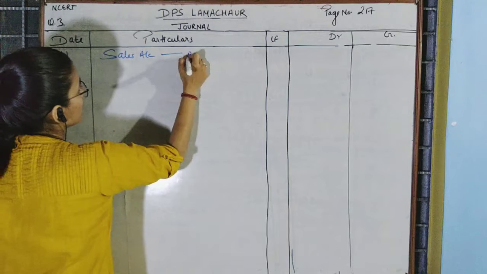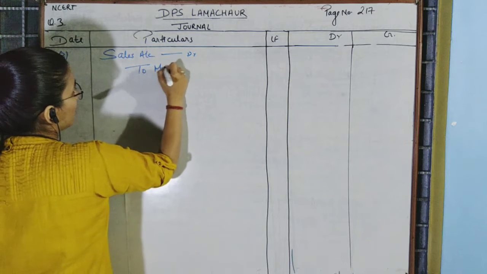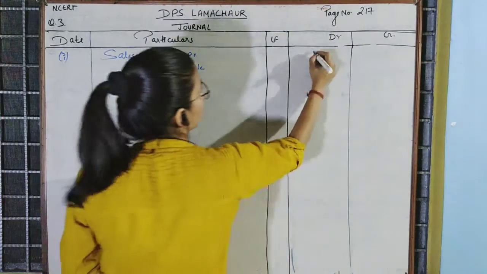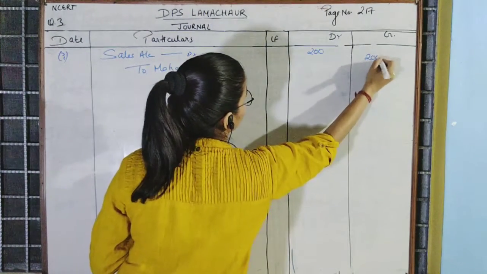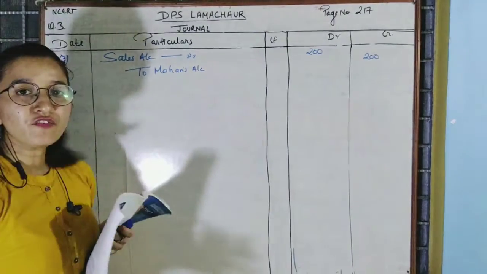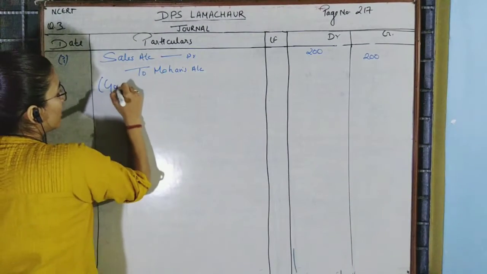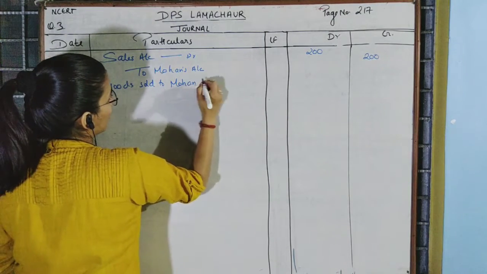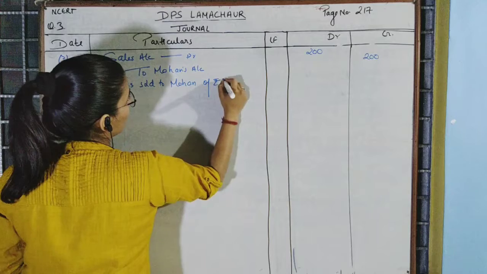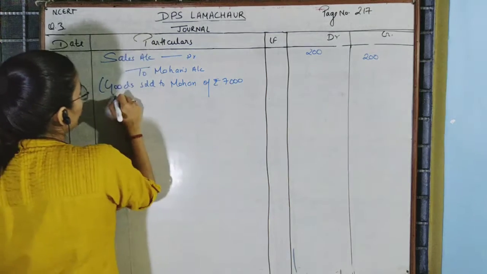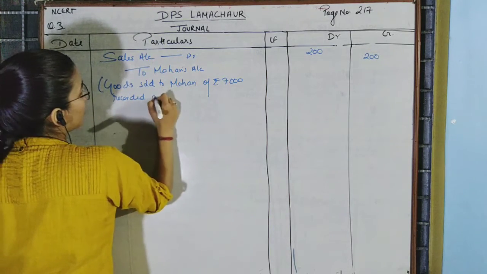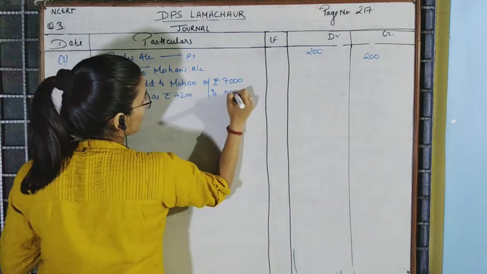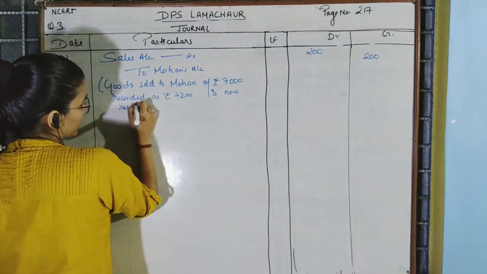So now entry will be sales account debit to Mohan's account, and the amount will be rupees 200. So the narration for this entry will be goods sold to Mohan of rupees 7,000 recorded as rupees 7,200 is now rectified.